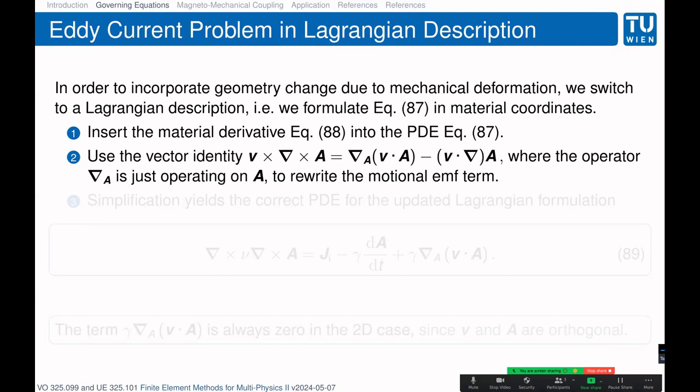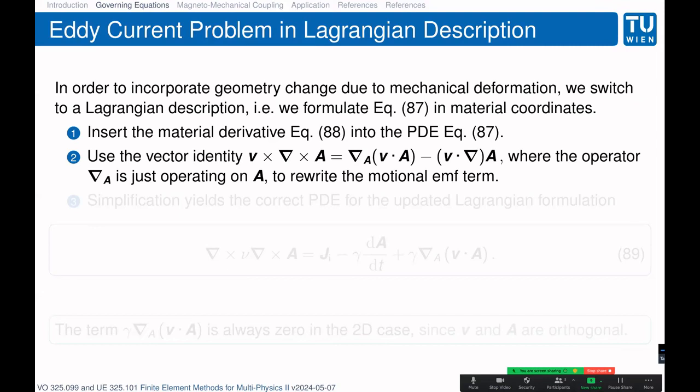So you can write this double curl or this double cross product with the curl, cross product of the curl as this special gradient operator, and the subscript A denotes that the gradient operator is only working on the A, not on the V. So the derivative of V is not applied, but only on A, and again V in a gradient.